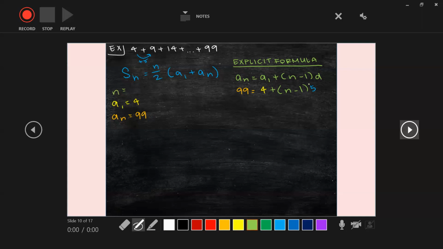So on the last guy, we distributed this 5 out, right? So let's copy down that 99. Let's copy down that 4. And we're going to have plus what? 5 times N is? And 5 times -1 is? 5 times -1. Yeah, very good.